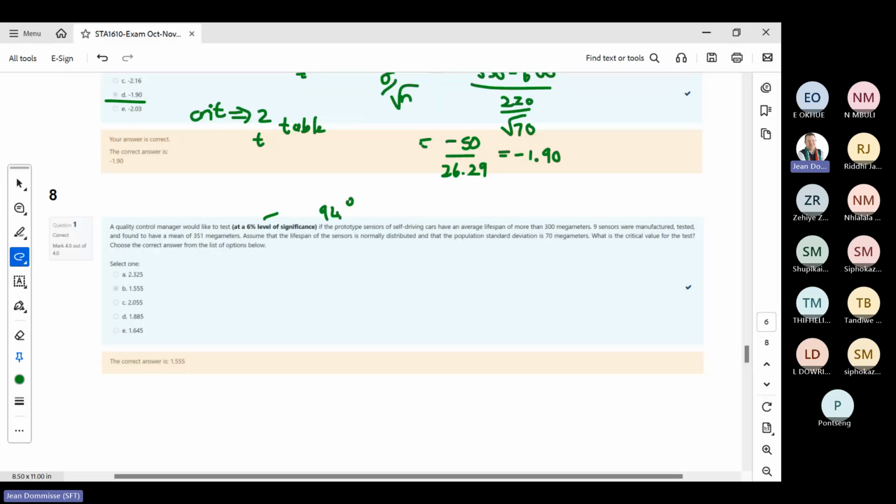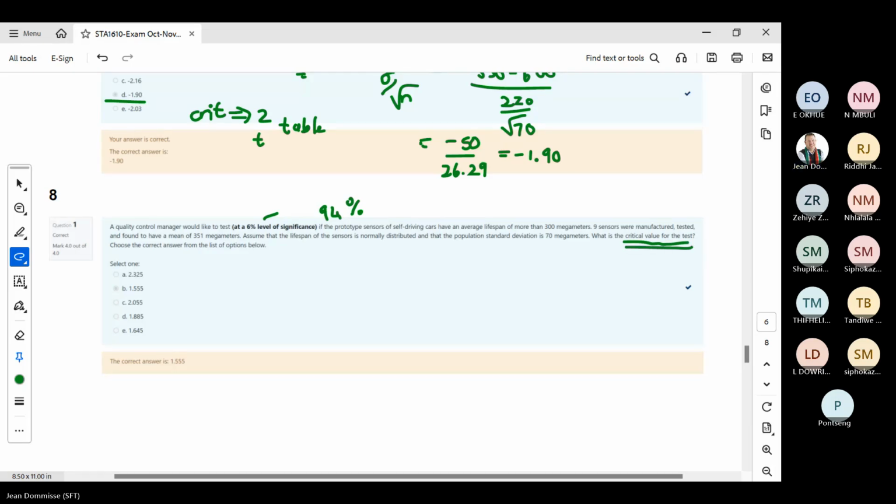We don't have that at all on a table. If a prototype of sensors of self-driving cars have an average speed of that, 9 sensors, everything normally distributed, critical value. So now they want a critical value.